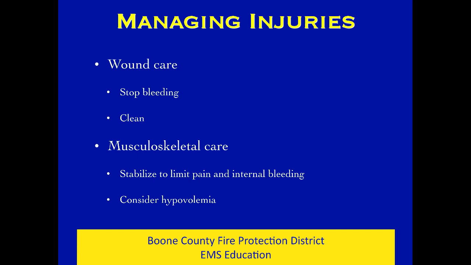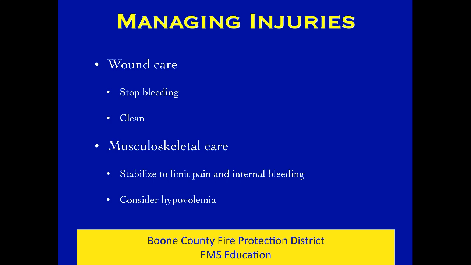Musculoskeletal care, again, we've done this in the trauma lessons, but we want to integrate that now and revisit that stuff. You want to stabilize injured bones to limit pain and limit the internal bleeding. Splinting doesn't just help with pain, it helps with internal bleeding control, and there really isn't much else we can do about internal bleeding control, so splinting makes a great deal of sense.